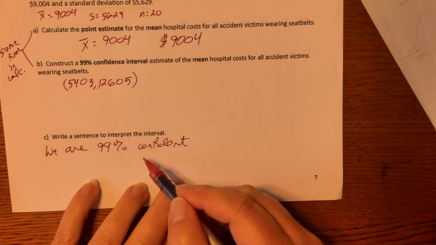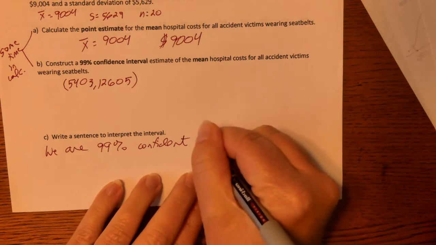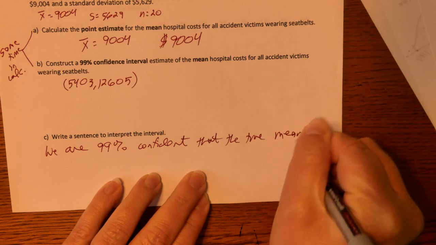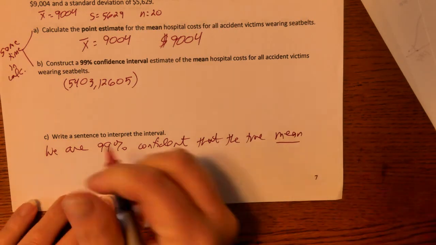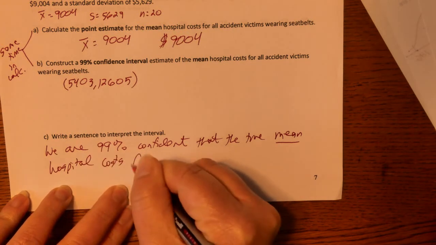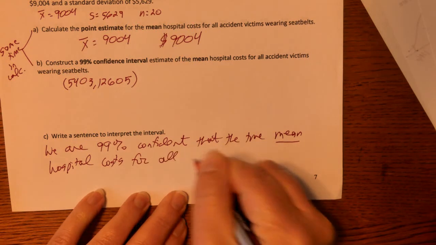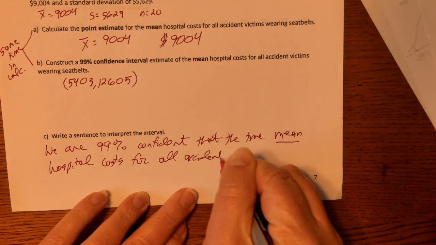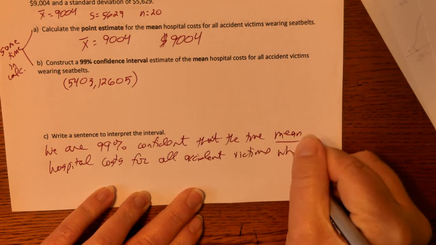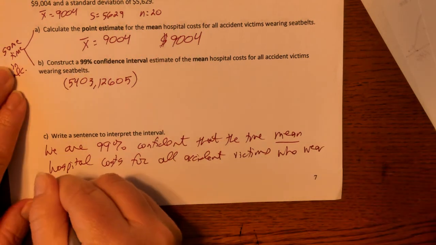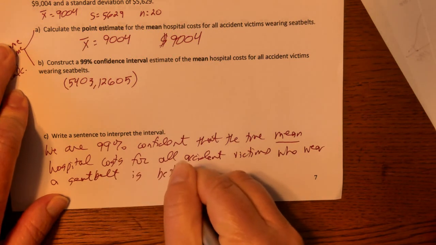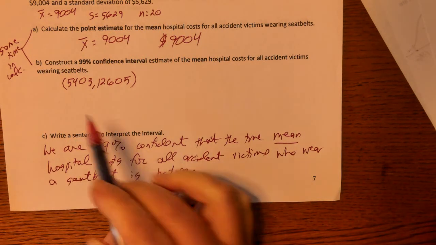So we're going to say we are 99% confident that the true mean hospital cost for all accident victims who wear a seatbelt is between these two numbers right here.